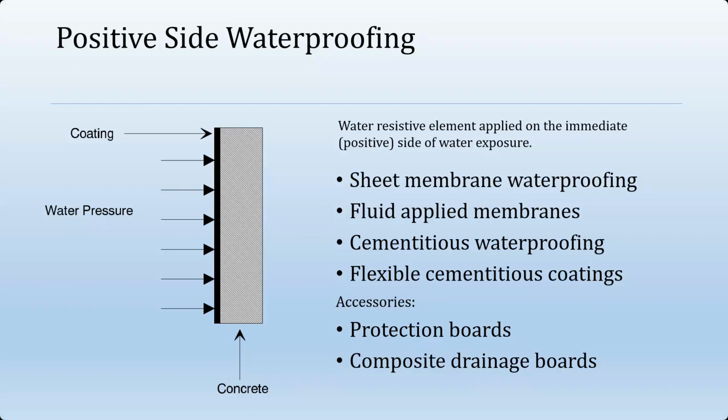Fluid applied membranes, typically the cold fluid applied, are used. Cementitious waterproofing membranes, and these can include the polymer modified cement waterproofings or the topically applied crystallines. And of course, then the accessories are these composite protection boards.